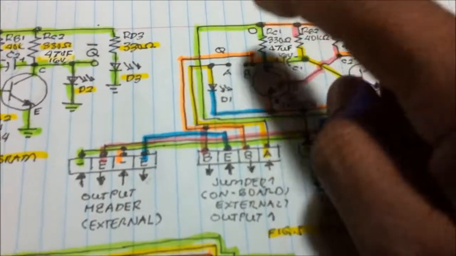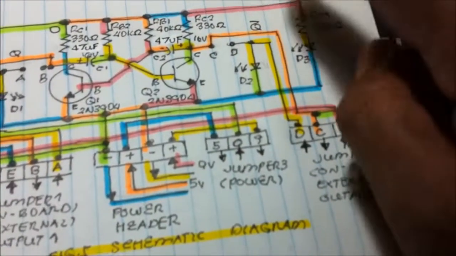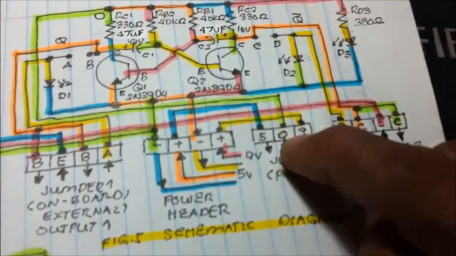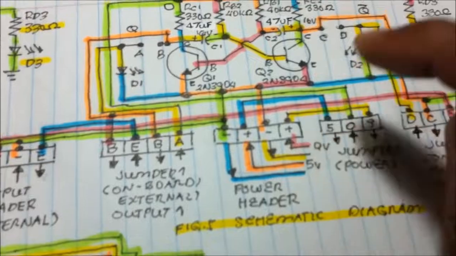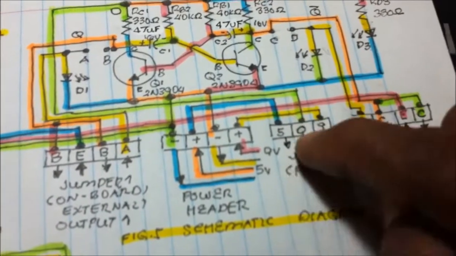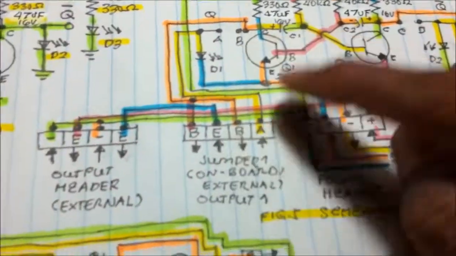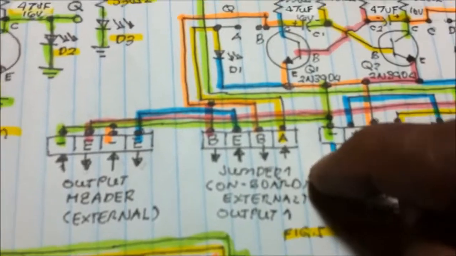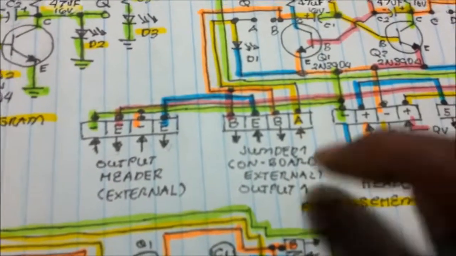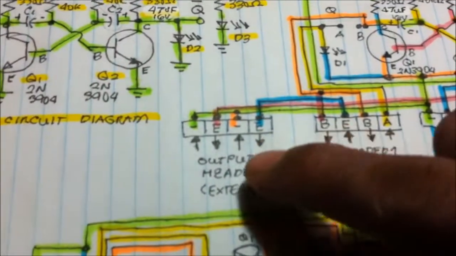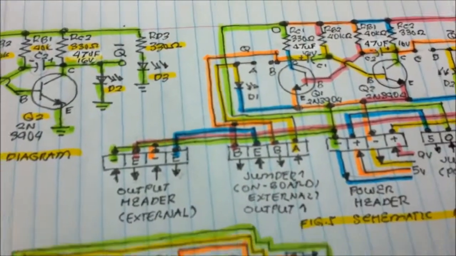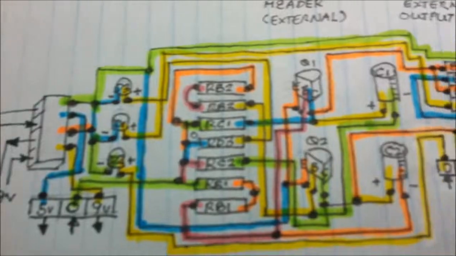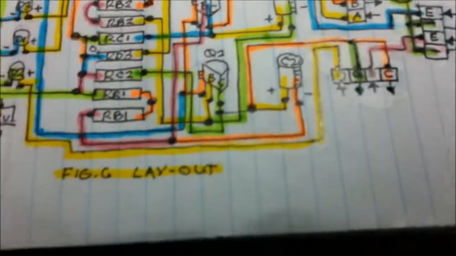Jumper settings for output 1, jumper settings for output 2, jumper settings for the output using external, and for the power using 5 volts or 9 volts. This one is the jumper settings for the onboard LED and for external output. And then we have this output header for the other output. I'm using this full layout.